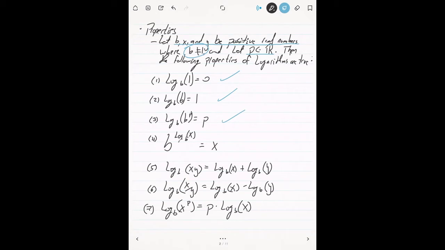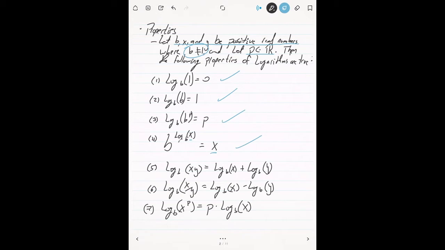If you took the value b and you raised it to the exponent of, and that exponent, by the way, is a logarithm, so take b, and the exponent that you're going to put it to is log base b of x, then all that you get out is the argument x.